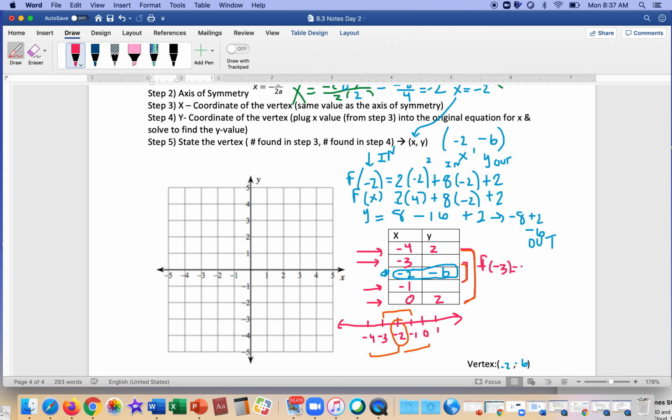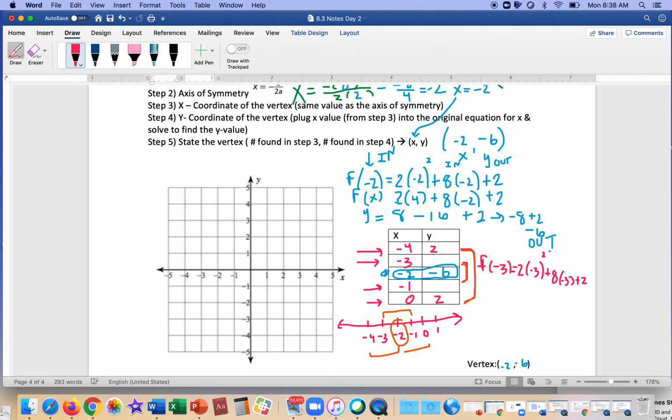It's equal to the equation 2, plug in negative 3 for x, plus 8 times negative 3, plus 2.